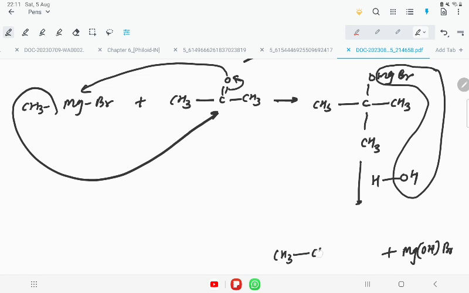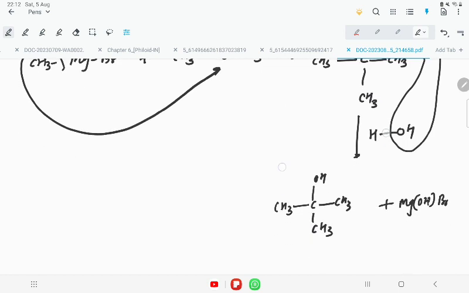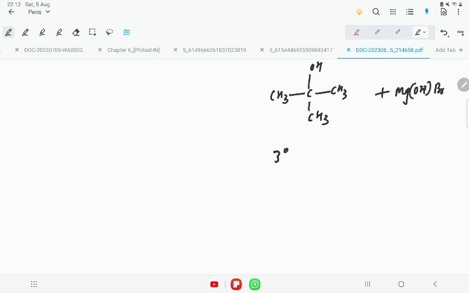CH3, C, CH3, here will be OH. This is the CH3, and downside if you see, this is also CH3. So this is what degree of alcohol? This is the 3 degree alcohol, 3 degree alcohol.